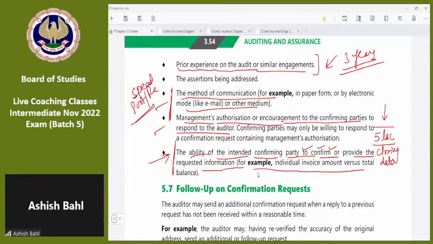So obviously his expectation in the third year would be that all these parties would be responding to him. If, hypothetically, you assume that the debtors are the same in all these 3 years, the parties to whom the company is making sales are the same, then definitely the auditor would have previous experience of getting confirmation from these parties. He would also have knowledge whether it is proper to send the request through mail or through post. So these kinds of things.